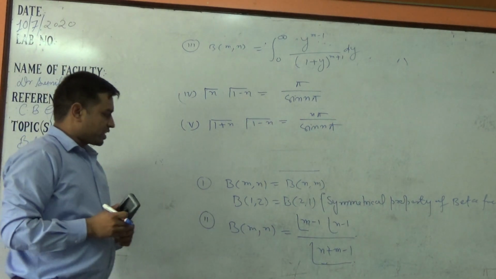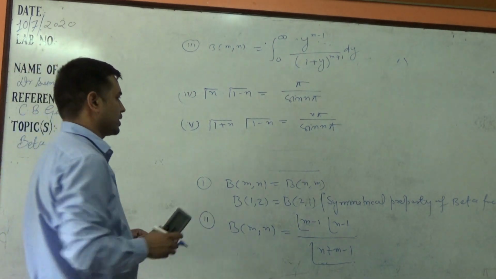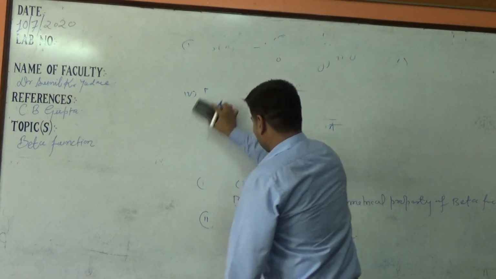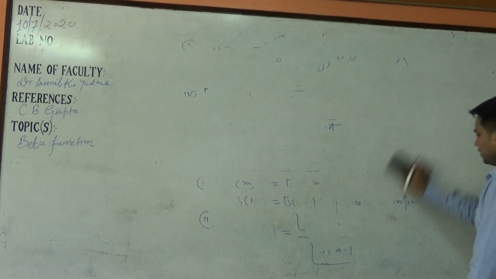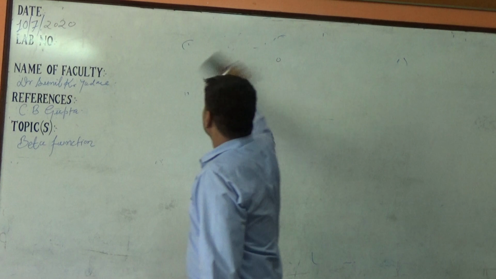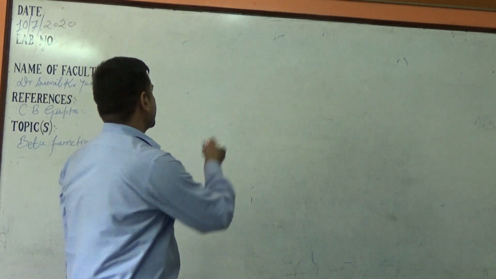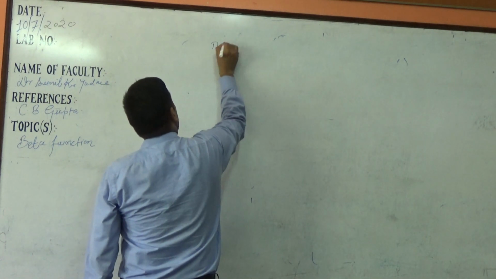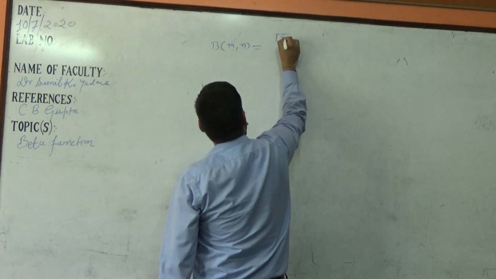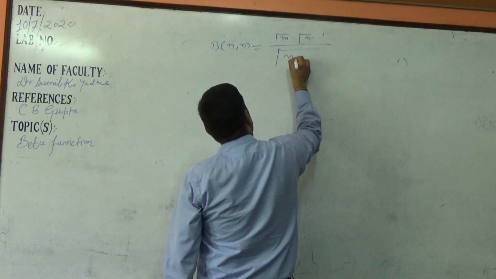Now the next topic is the relation between beta function and gamma function. What is the relation between beta function and gamma function? The relation is beta of m, n equal to gamma m into gamma n divided by gamma m plus n.